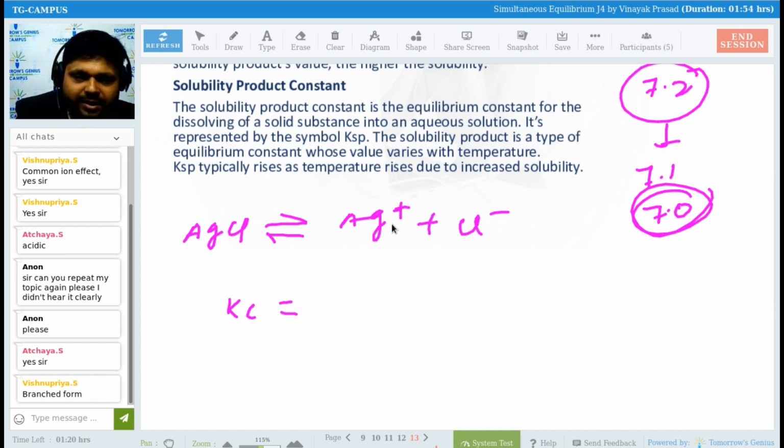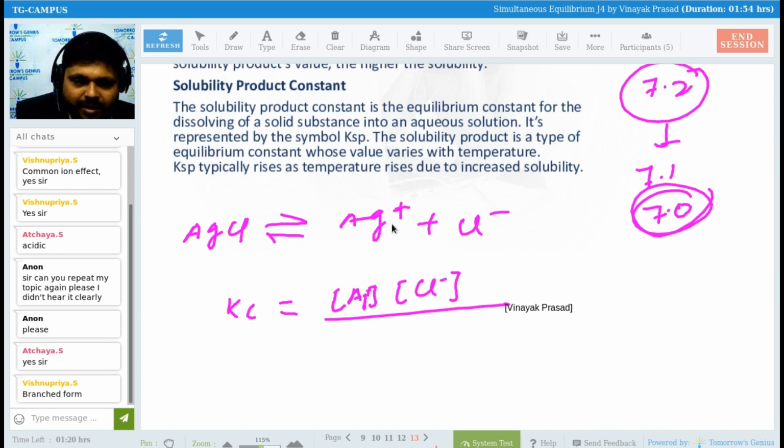The equilibrium constant is the product of the product side upon the product of the reactant side. So it will be the concentration of Ag plus into the concentration of Cl minus upon the concentration of AgCl. Any problem till here?